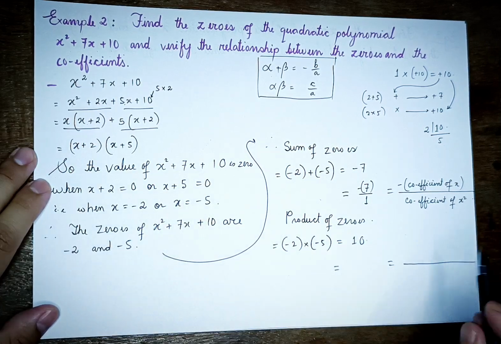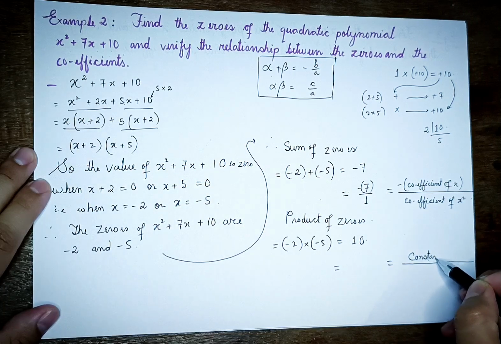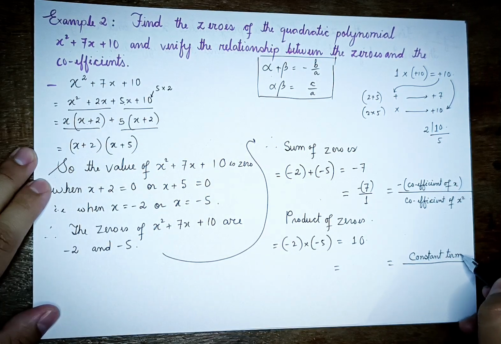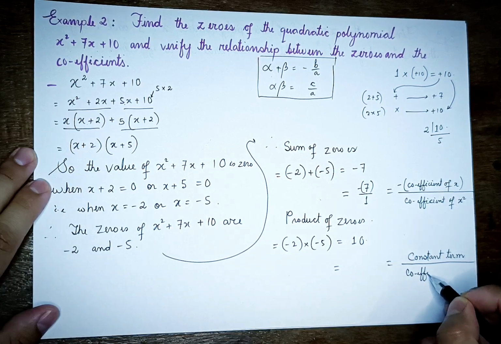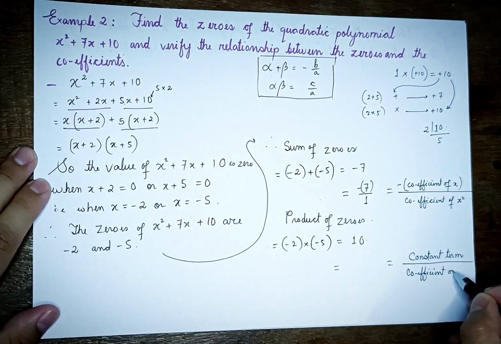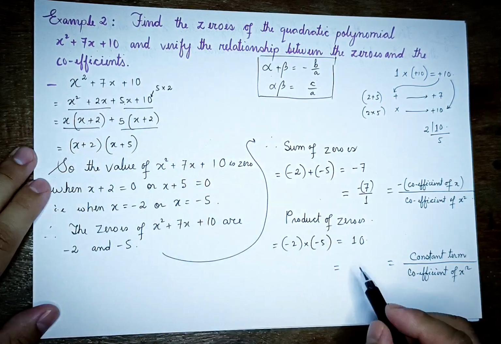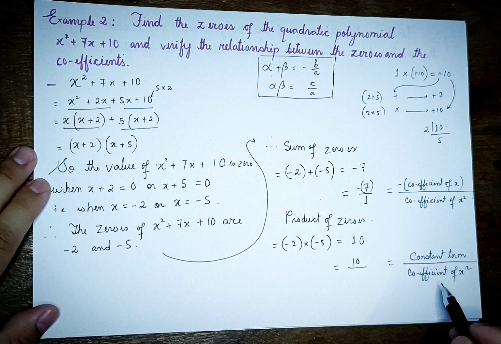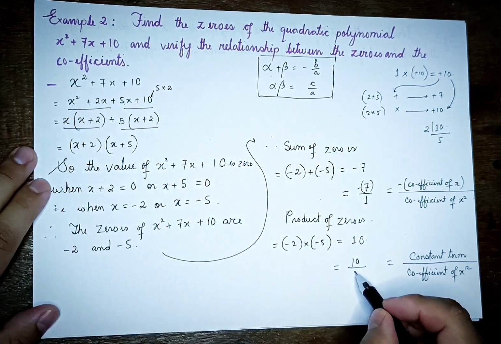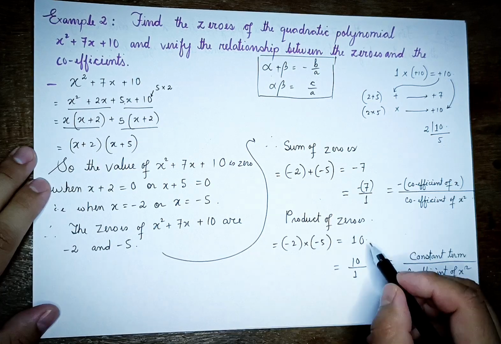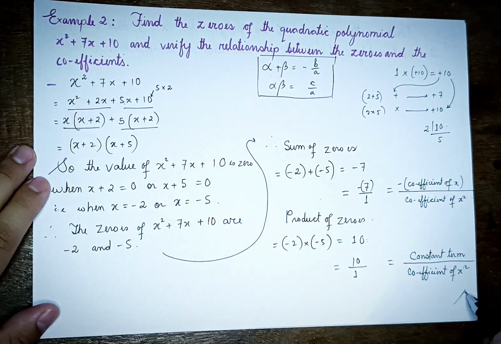For the product of zeros, we know that we must write the constant term divided by the coefficient of x squared. Here our constant term is 10, so we write 10 here. Coefficient of x squared is 1. Dividing 10 by 1, we get 10. So we verified it. Here it finishes.